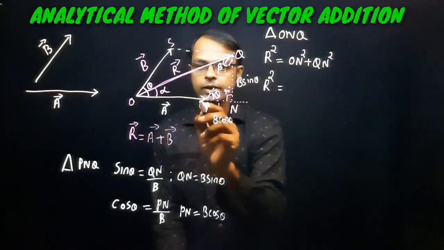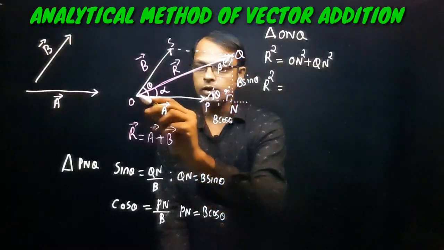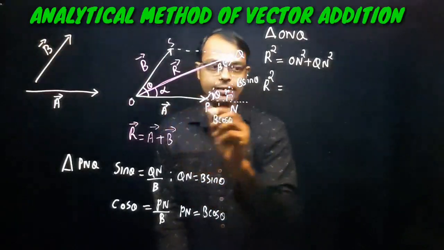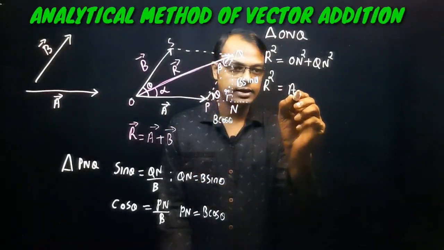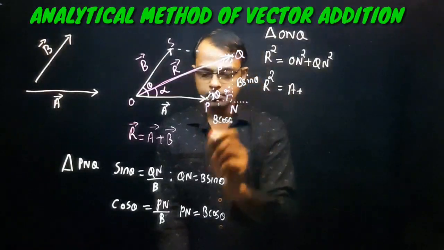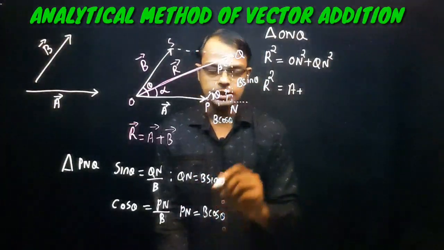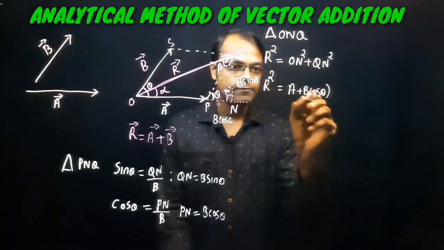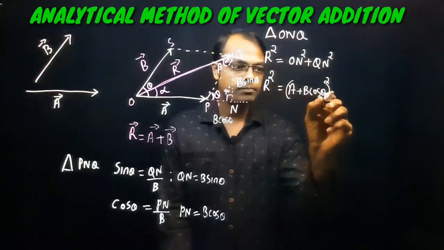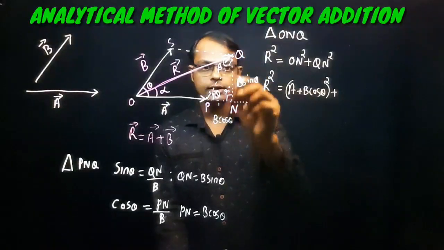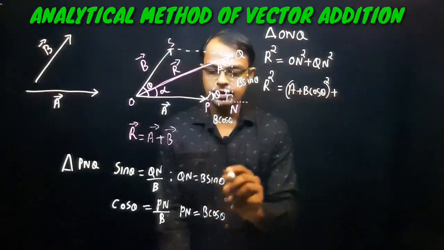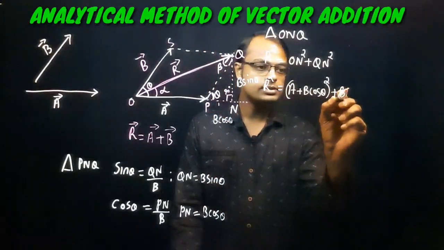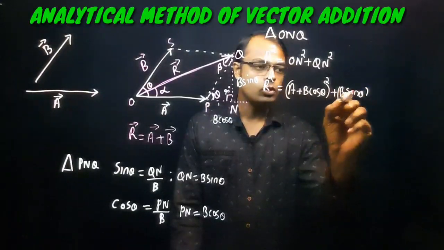ON means OP plus PN, correct? What is OP? OP is equal to A. So we can write here A plus, what is PN? PN we have already calculated, B cos theta. So we can write here B cos theta the whole square plus, now what is QN? QN is equal to B sine theta, we have already derived. So B sine theta the whole square.